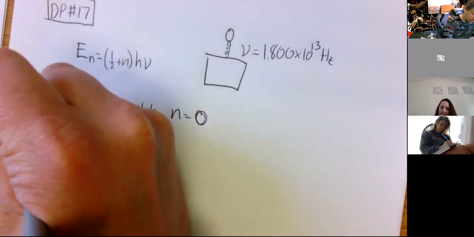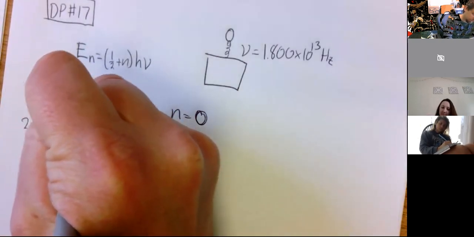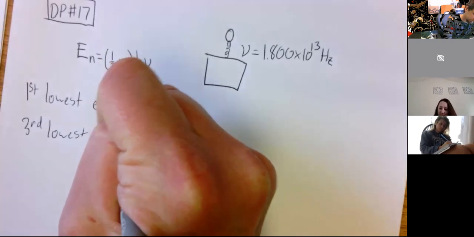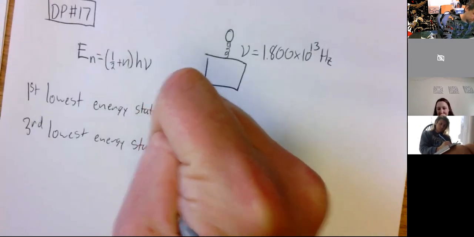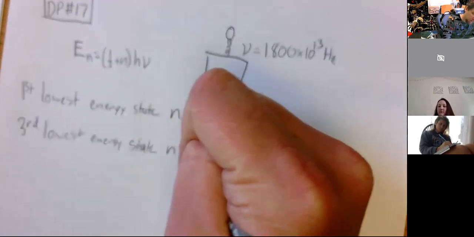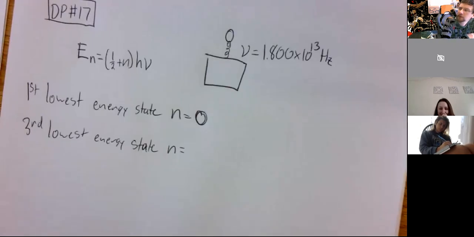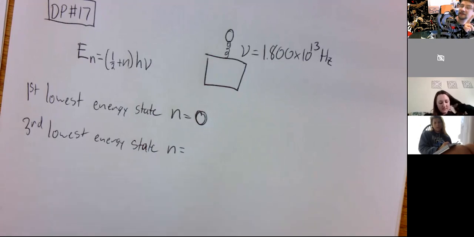For the third lowest energy state, what's n equal to then? So first is 0, that was 1. I thought 1 will be the second lowest in energy.